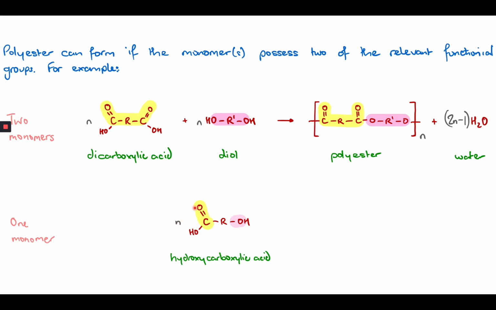So the carboxylic end of one molecule could form an ester linkage with the alcohol end of another of the same molecule. This is classed as a hydroxycarboxylic acid. I'm not sure that's something you need to be capable of naming, but it doesn't do you any harm to appreciate that's what it is.